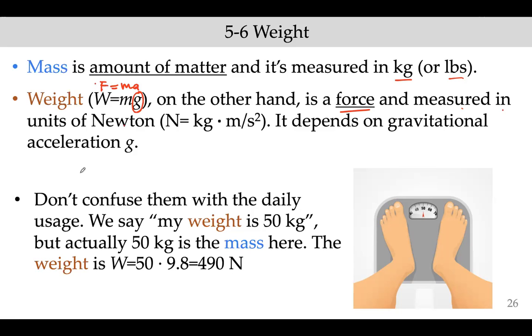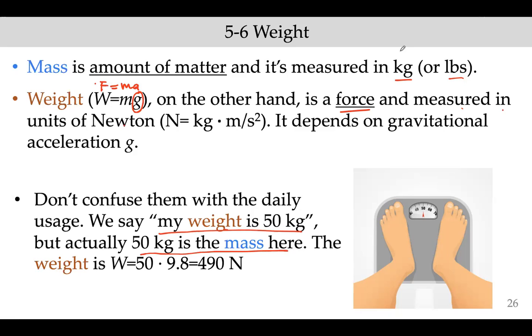But of course, in daily life, we use these interchangeably, or sometimes you confuse them. You shouldn't confuse them in physics. The usage is different. So, for example, we say my weight is 50 kilogram in daily life, right? Everybody says that. But actually 50 kilogram is the mass here.